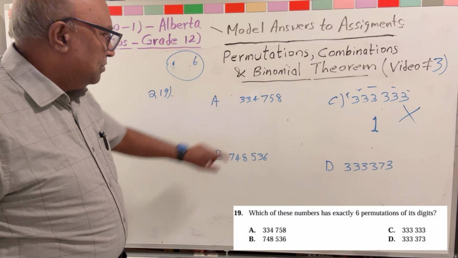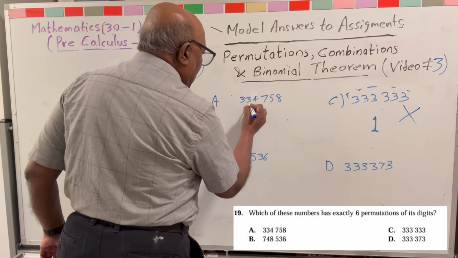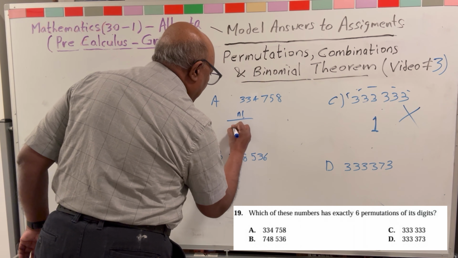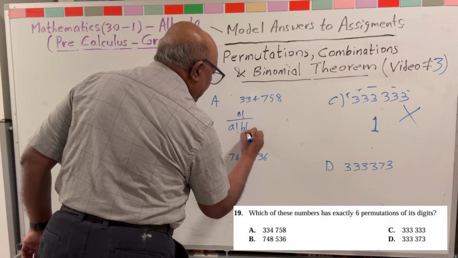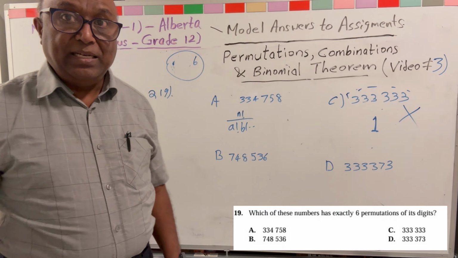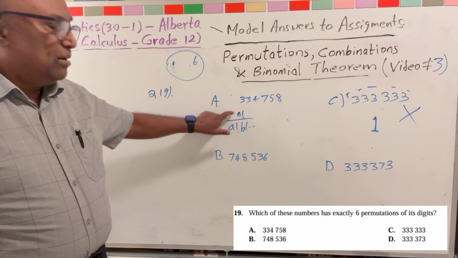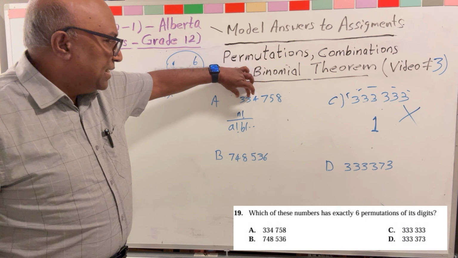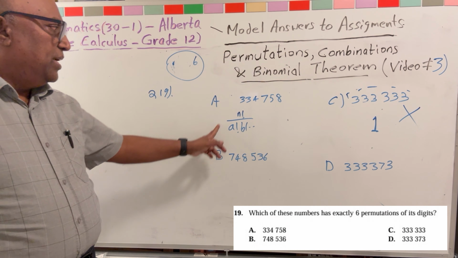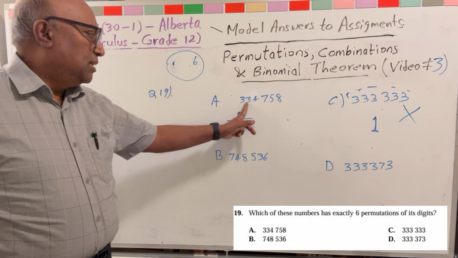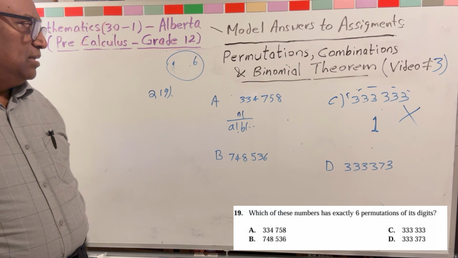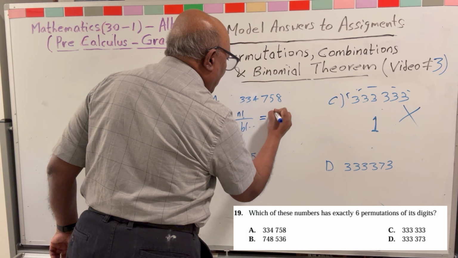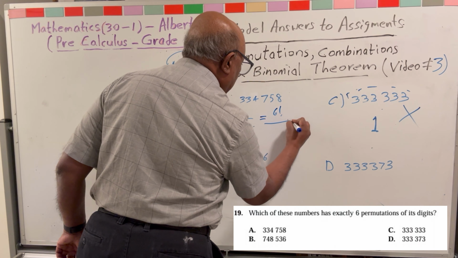Let's check with this. Here we have to use the formula n factorial upon a factorial. At the beginning I mentioned that out of n items, if there are repeated items, when you shuffle everything, this is the number of permutations. What is n? n is the total number: 1, 2, 3, 4, 5, 6, so 6 factorial.